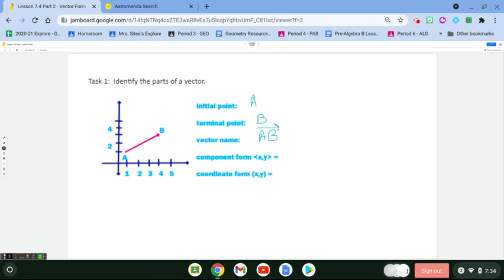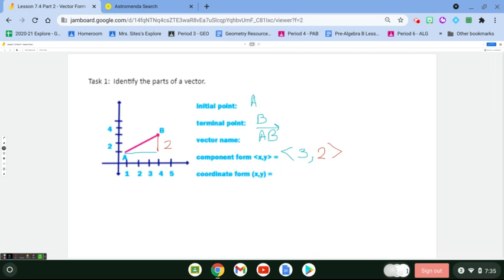Going from A to B, I'm going to count over horizontally from point A to where I would line up with point B. That's going from 1 to 4, so the horizontal component would be 3. Then to go up vertically, I'm at 1 and rising up to B, which is 2 more places, from 1 to 3. So component form would be <3, 2>.